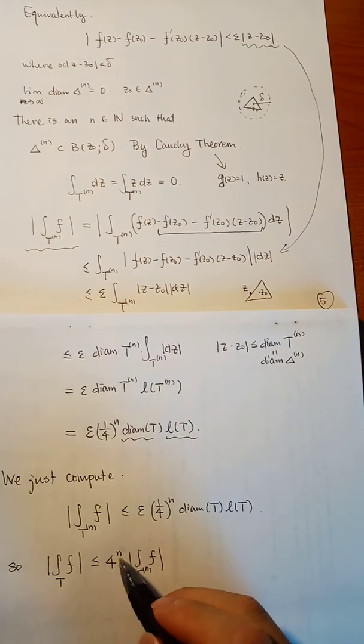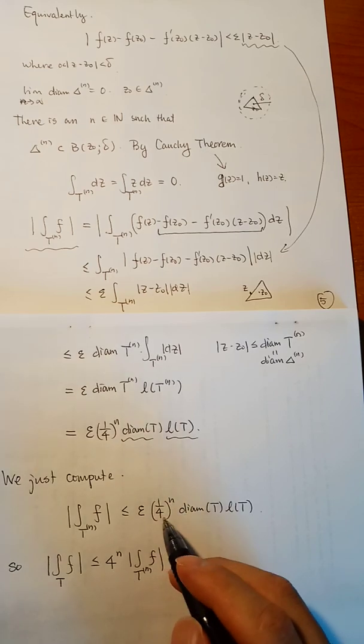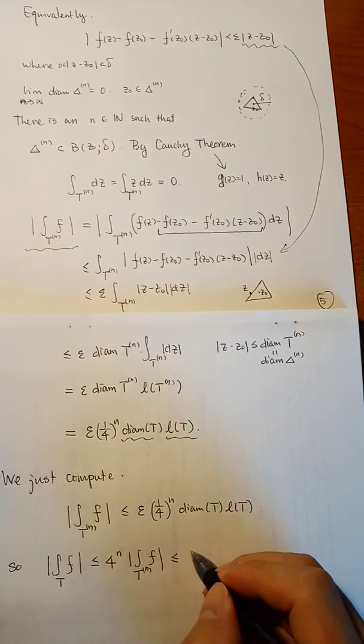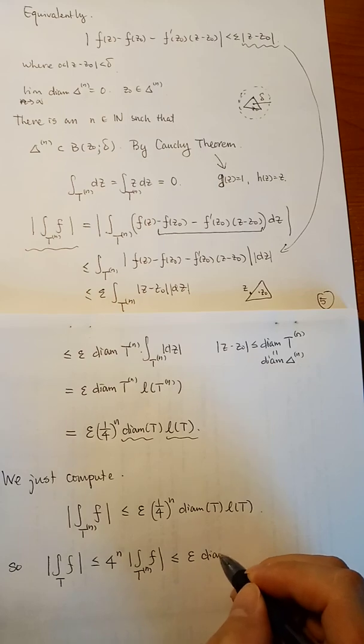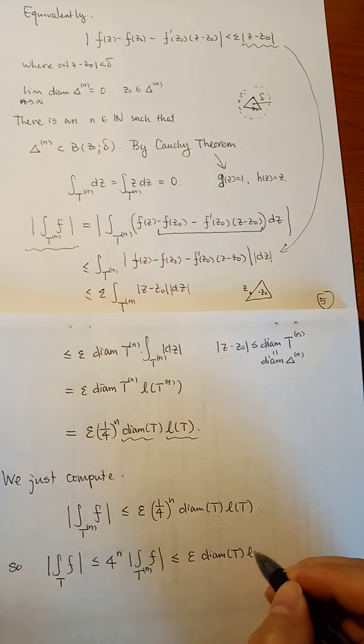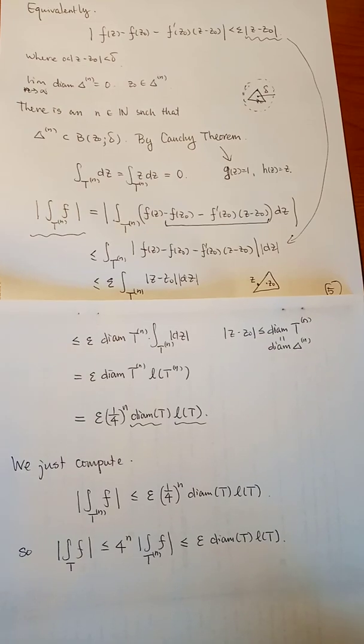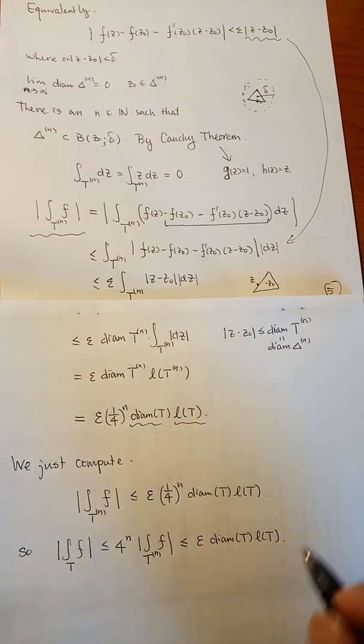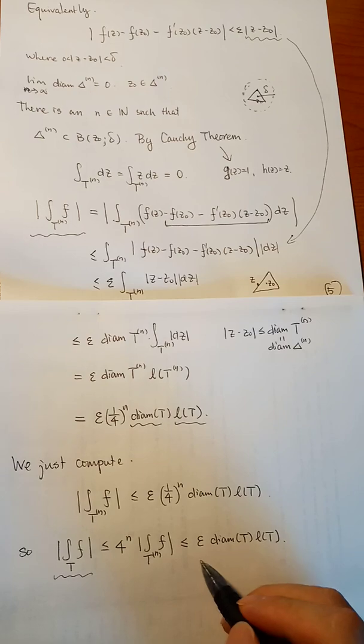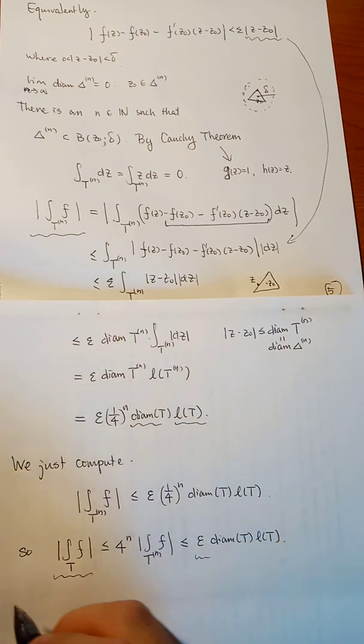So you have 4 to the n times 1 over 4 to the n, they cancel. So it's less than or equal to epsilon times the diameter of T times the length of T. This is a fixed number. Epsilon is arbitrary.